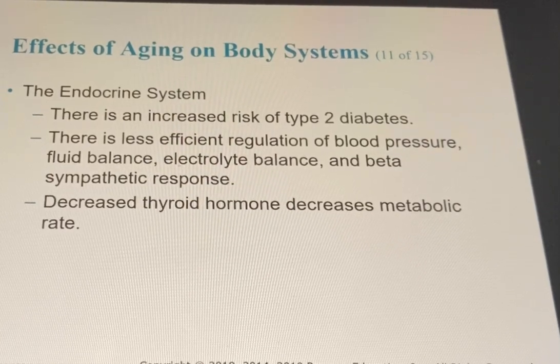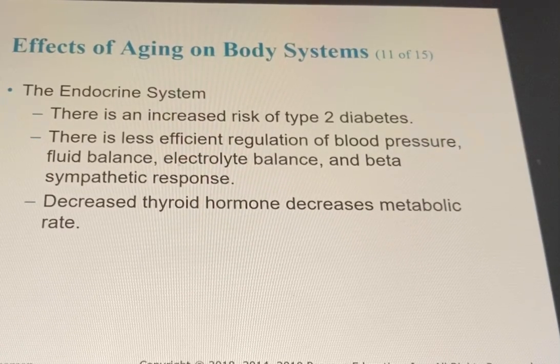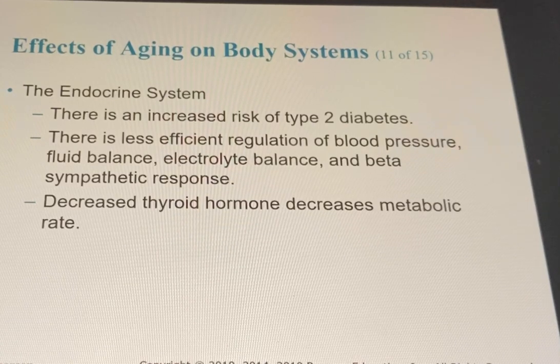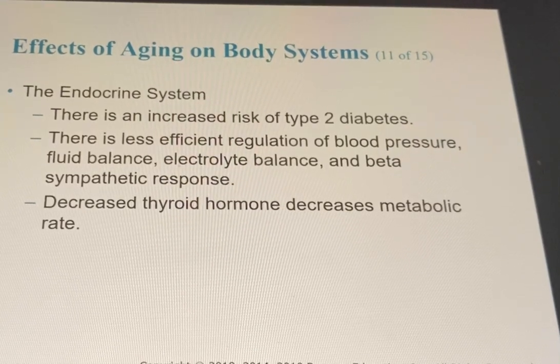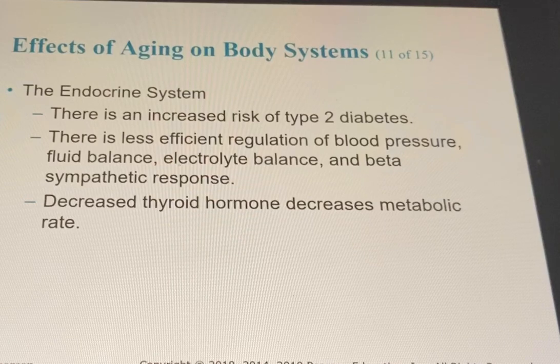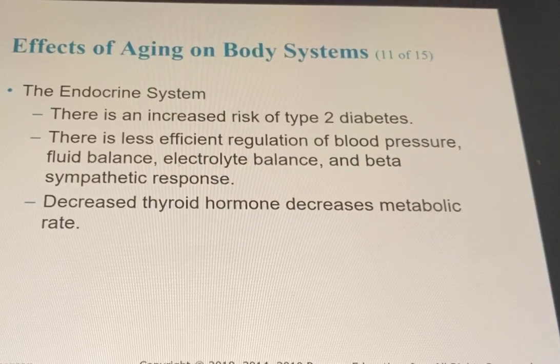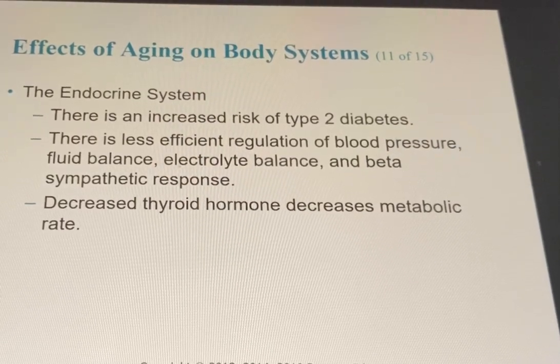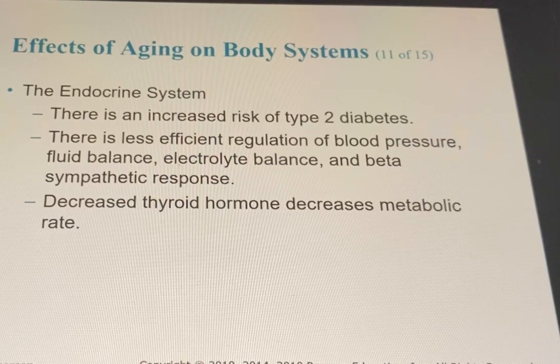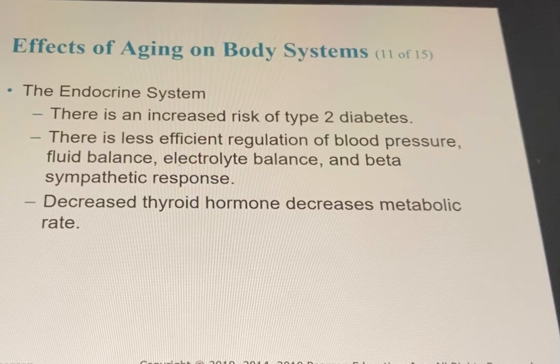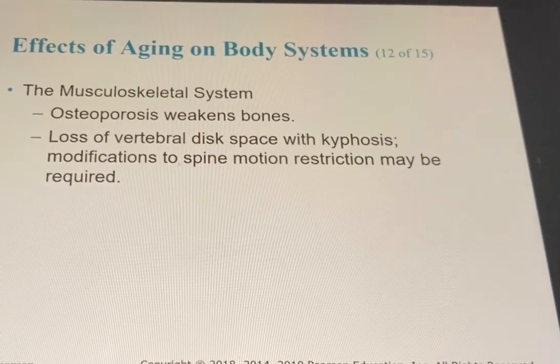The levels of certain hormones that help regulate the body's fluid balance, such as renin and aldosterone, become deranged and contribute to fluid imbalance, which has further effects on blood pressure. Collectively, changes to the endocrine system can cause elevation of blood sugar levels, alteration of blood pressure, and fluid imbalance.